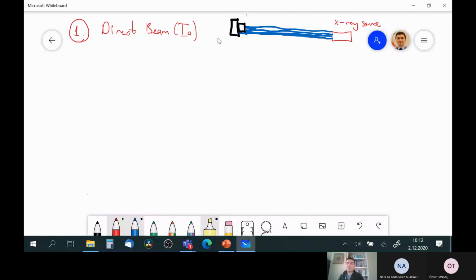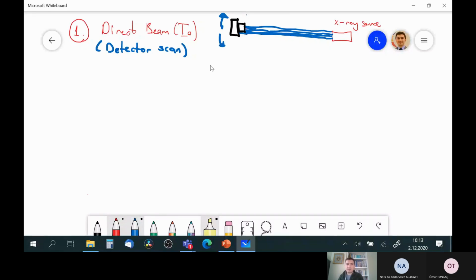So what to do? We have to carry out a detector scan. So what is the meaning of detector scan? We change the position of the detector. So we move the detector in this direction or in this direction.